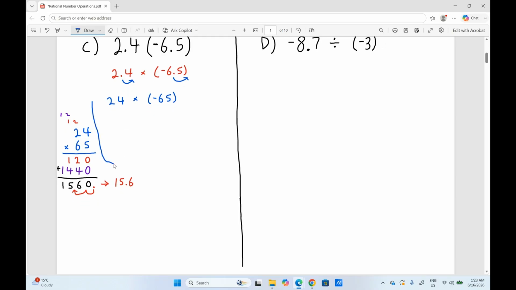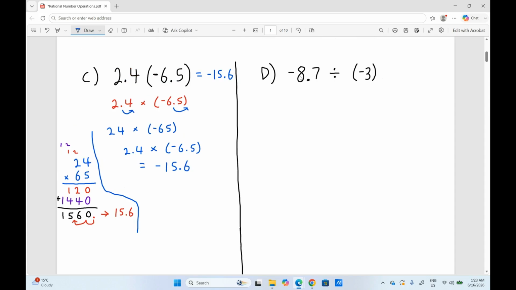So if this calculation here was just an aside, my 2.4 times negative 6.5 would result in negative 15.6 as an answer. So my final answer is negative 15.6.